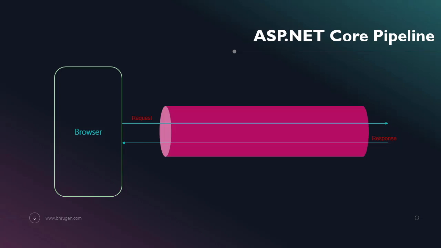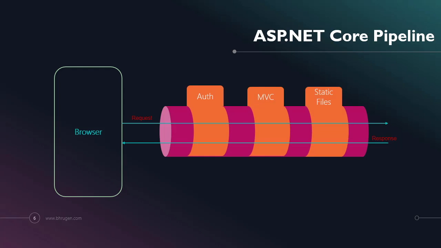Let's consider a few of the middlewares that we can add in a pipeline. One of them can be MVC, and then we can also add authentication and static files. You should notice that when we add authentication middleware, it should be done before we add MVC, and the order is important. The reason is we do not want to load MVC and then find out that the user is not authenticated.